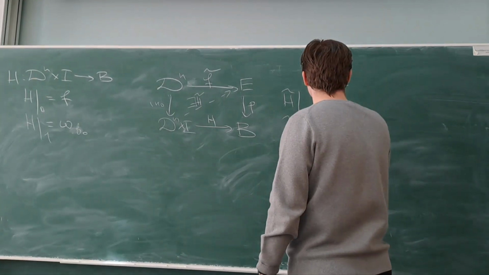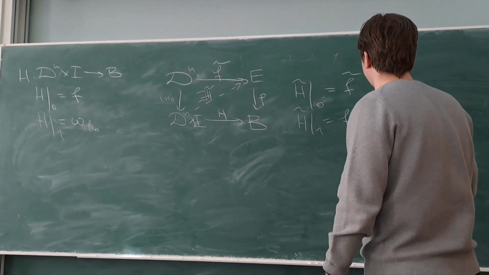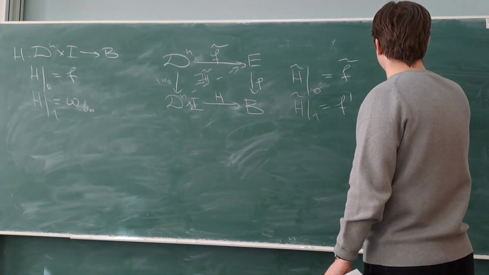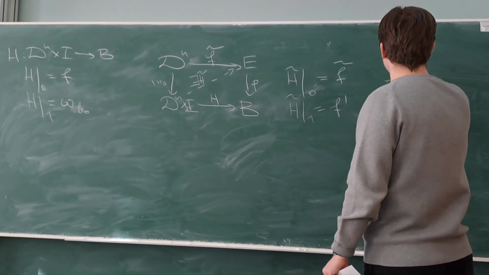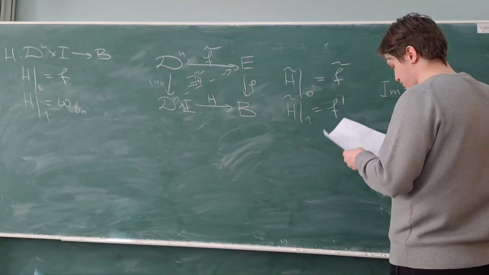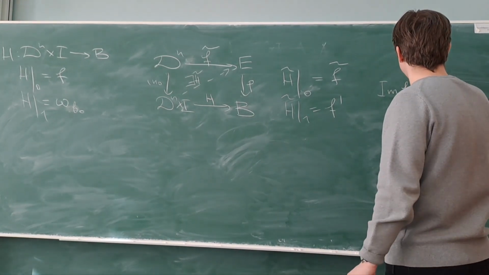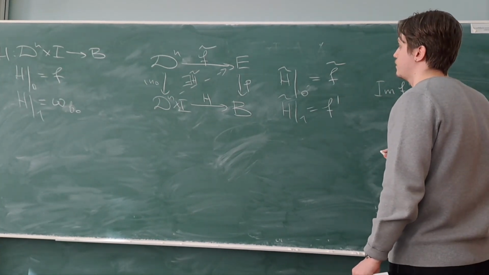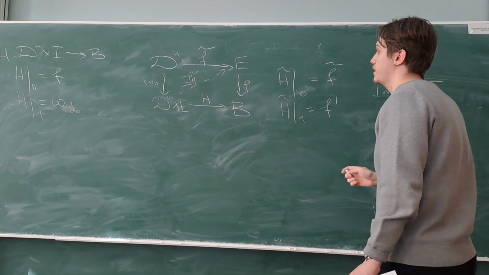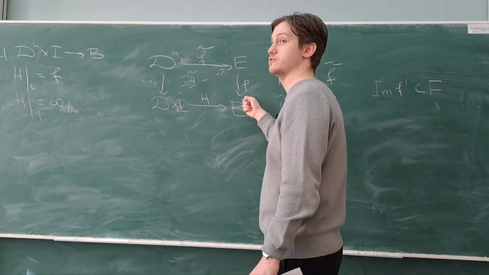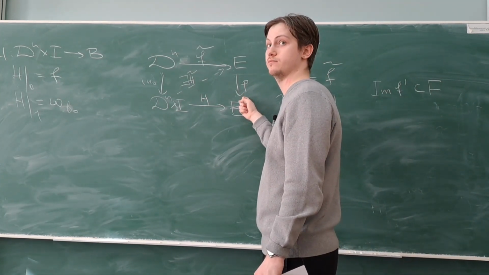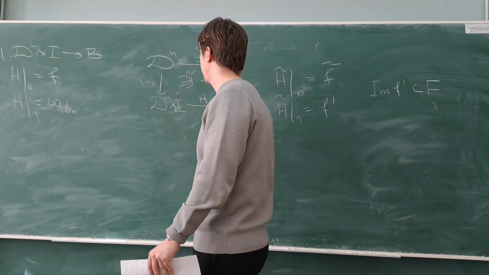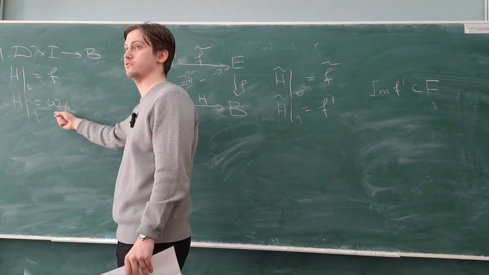something which I called F prime. But the point is that I want to say that the image of F prime is contained in F. This is precisely because if we take the composition with this projection, then the image here is precisely the constant spheroid.